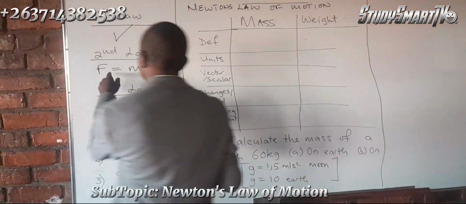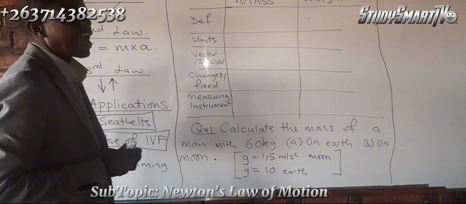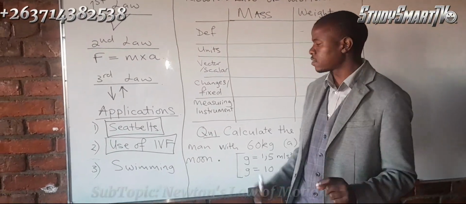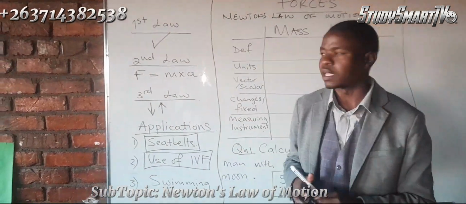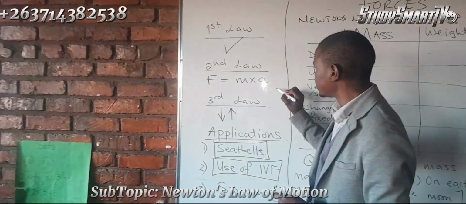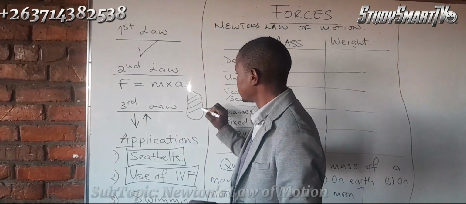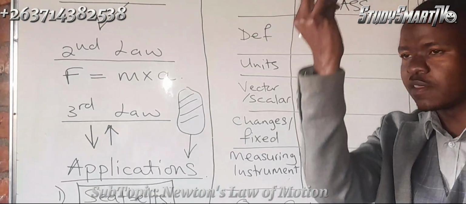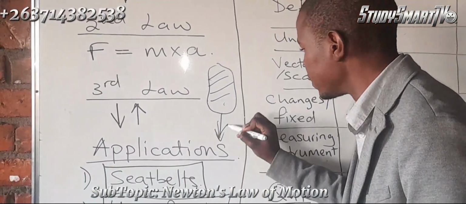Then we have this one, which is used for the IVF in clinics. For example, the intravenous fluid, the drip that is used within a hospital. Within a drip like this, there will be a certain mass. Then there is a force of acceleration that is forcing the liquid within the drip to go in this direction.